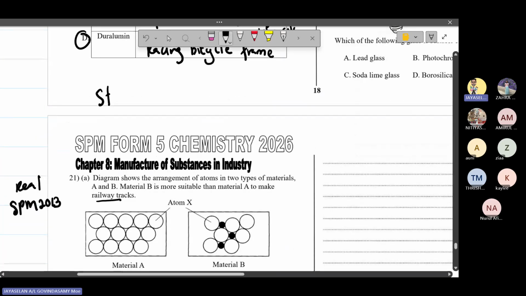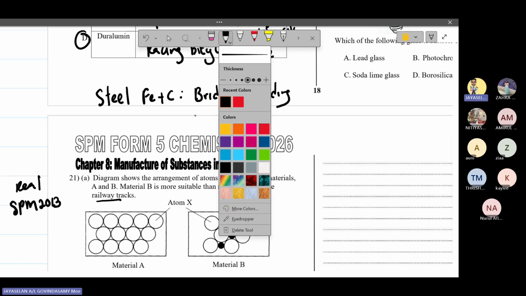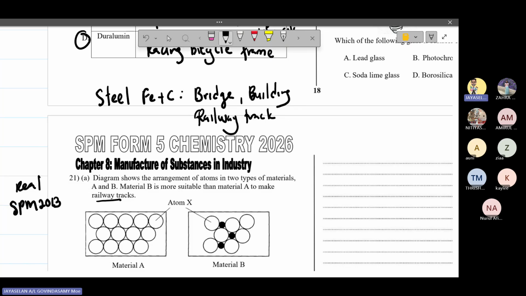Write down there. Steel: iron plus carbon. It is used to make what? Bridge. Steel is used to make bridges, building foundations. And one more, railway track. Okay, why? Because it is hard. Do not rust.